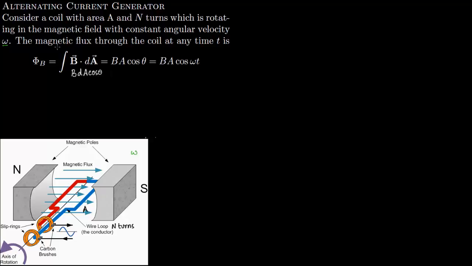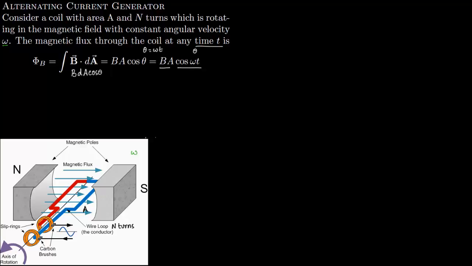Now since the angular velocity is omega, this theta is equal to omega t. So the magnetic flux through the coil at any time t, this is given as BA cos of omega t. So we replace theta with omega t.